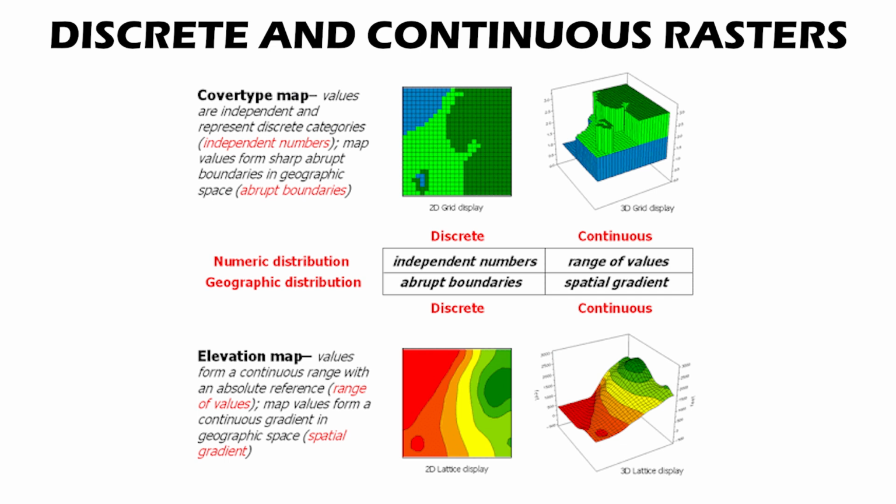These are usually integer values. Continuous rasters. In a continuous raster dataset, cells have gradually changing values. Continuous raster datasets can have floating point values.